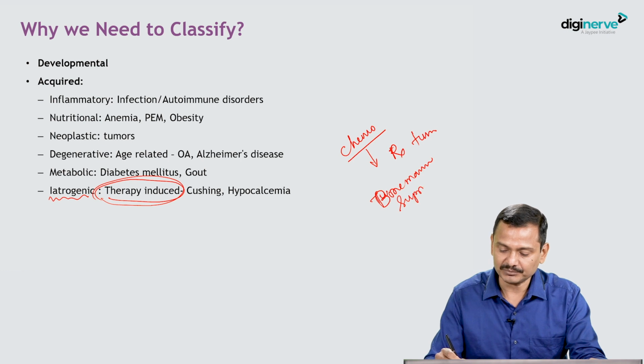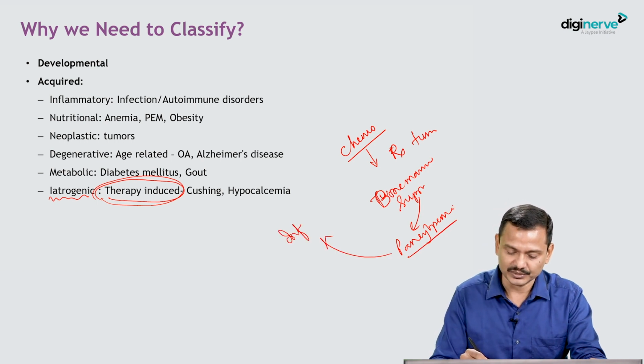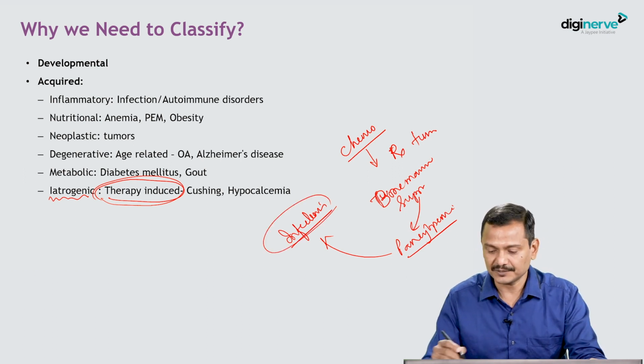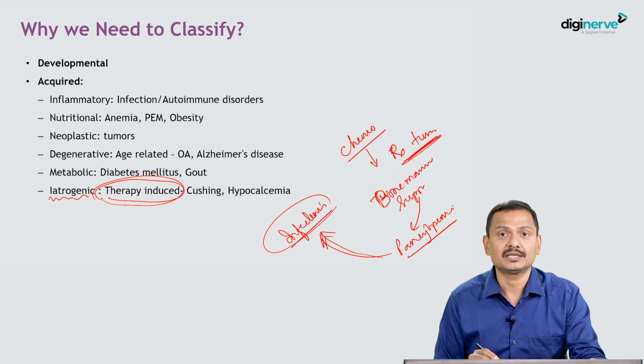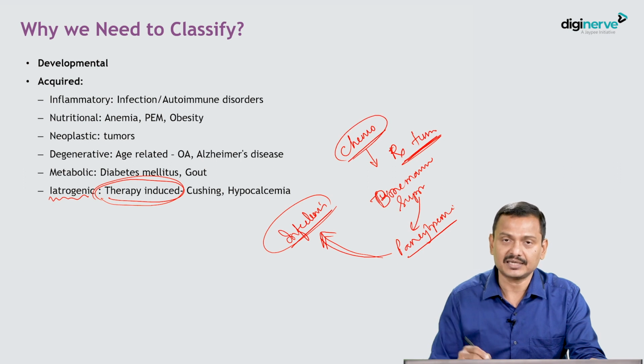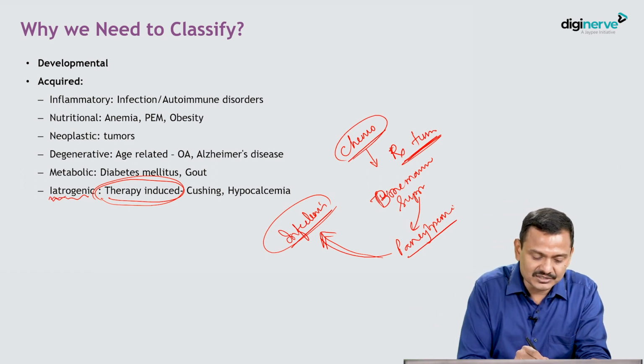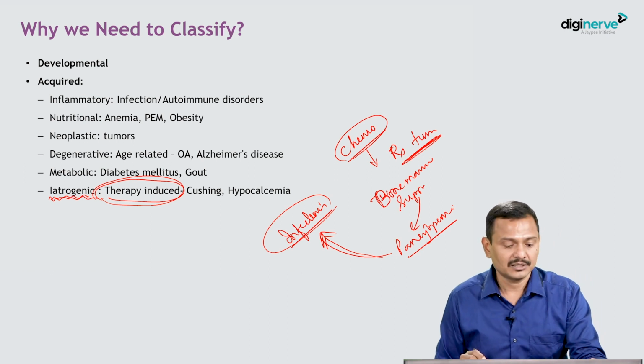This bone marrow suppression will lead to pancytopenia, where WBC, RBC, all series will be reduced. This pancytopenia will lead to opportunistic infections. So now you see, the patient may not die of the tumor, but the patient may die of the infection. So every treatment that is given can have some amount of side effect, and that is called iatrogenic pathology.